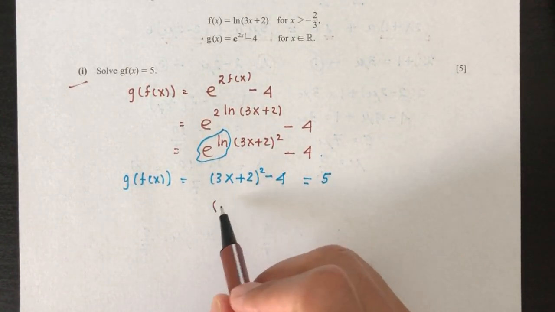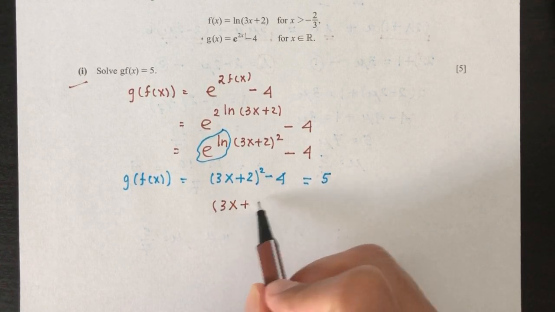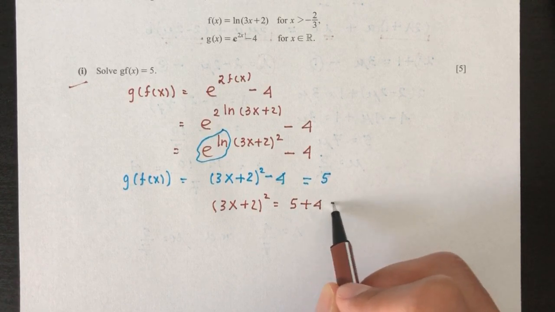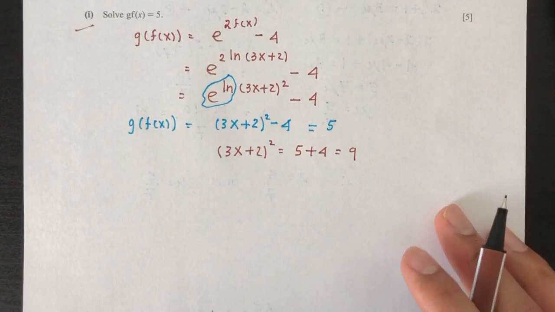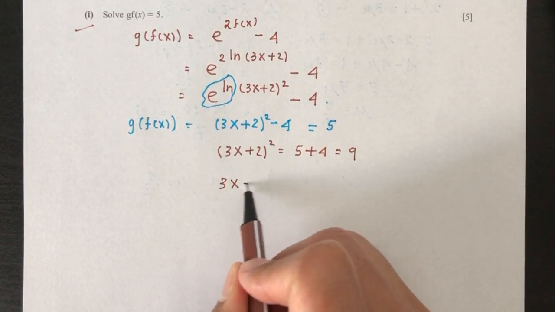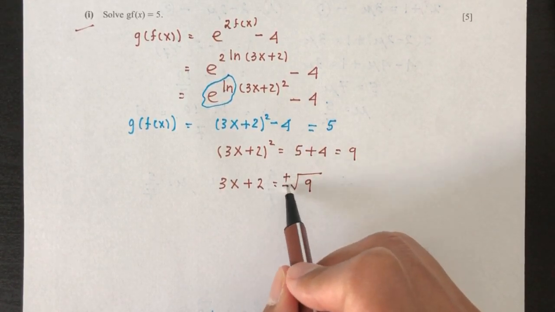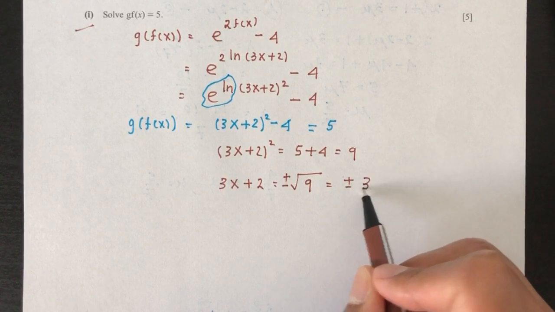So you will have (3x+2)^2 equal to 5 plus 4, which is 9. So 3x plus 2 is equal to the square root of 9, plus or minus, which is plus or minus 3.